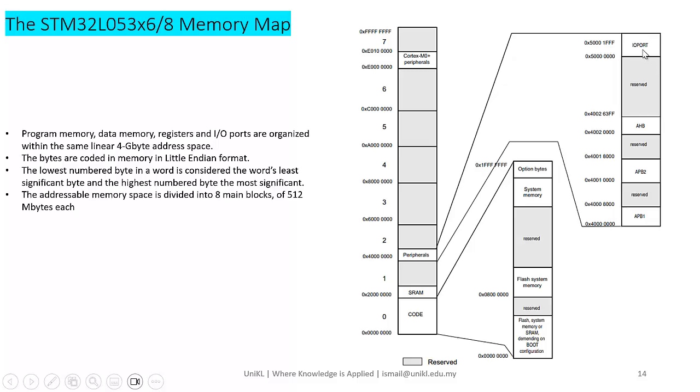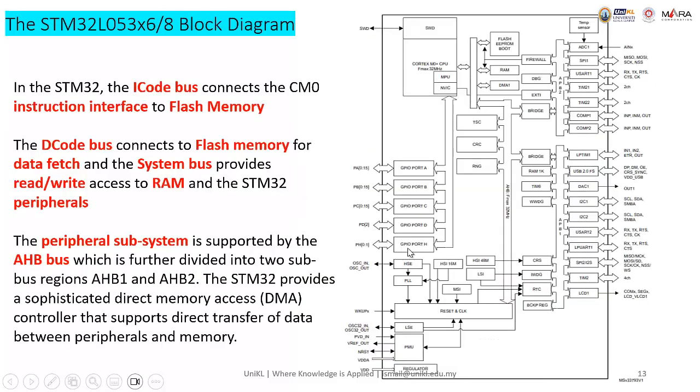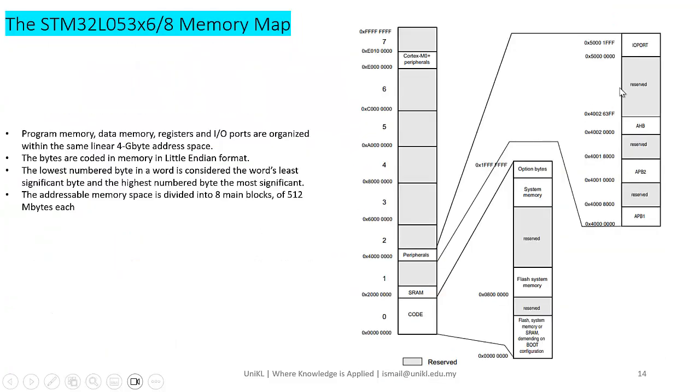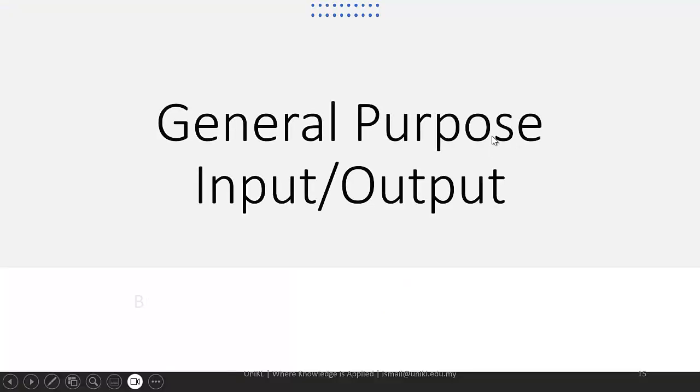And then we have IO port, right? IO port. So in here, IO port, I think here somewhere. This one, right? IO port. The address is that one. This is the address for them.